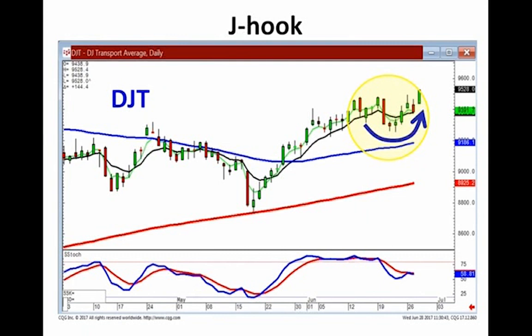So I trade stocks on a swing trade basis, meaning my trades last anywhere from 2 to 10 trading days. I'll trade intraday. I might trade soybeans or the dollar or live cattle on an intraday basis, meaning I'm usually trading those off the 10-minute chart.